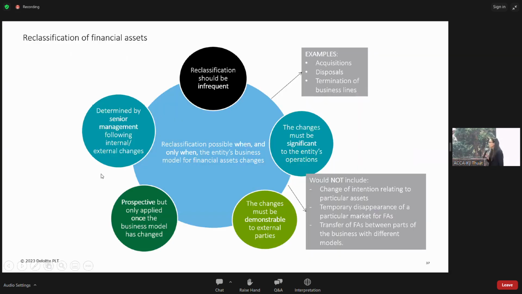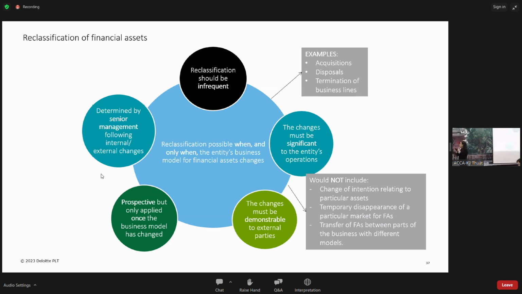Okay, so I touched a bit on reclassification. Now, for financial assets, because I have a few categories, I may have reclassification from one category to another. The expectation is that reclassification should not be frequent. And the changes must be significant to the entity's operation.